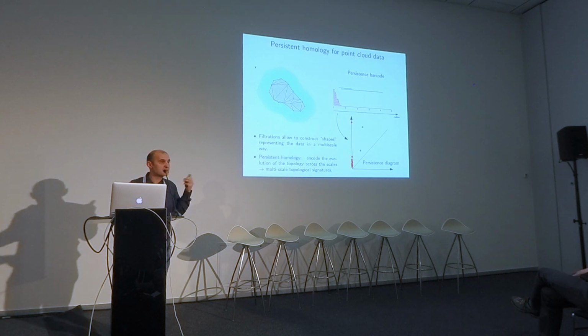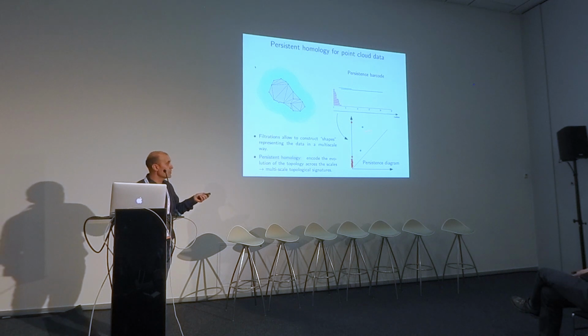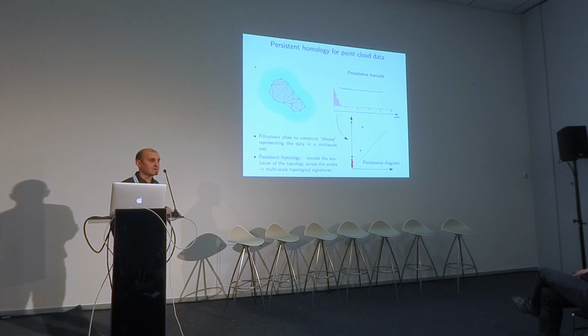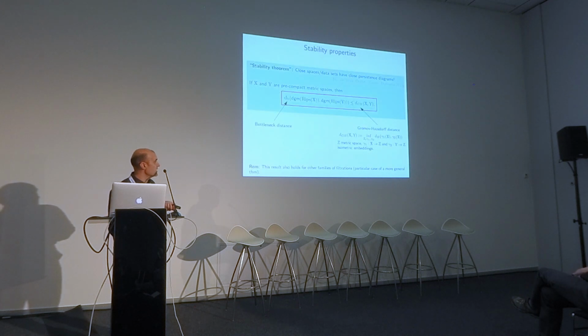So this noise is not just random noise in many cases, it can carry some very important information. So it's important to keep in mind that it's not always a good idea to neglect these points that are close to the diagonal.